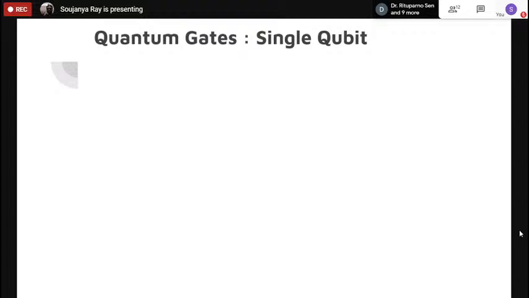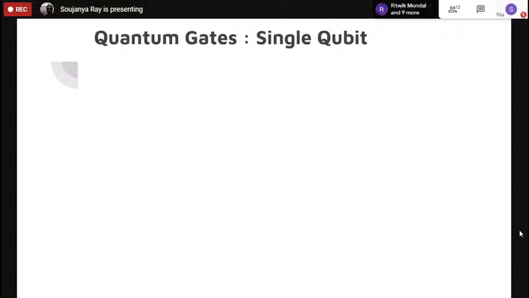So let's talk about quantum gates. Now, these quantum gates are single qubit gates. Like in classical, we have just one single qubit gate, and that is the NOT gate. The rest of the gates are 2 plus input gates, like AND gate, OR gate, NAND gate, all those other gates.